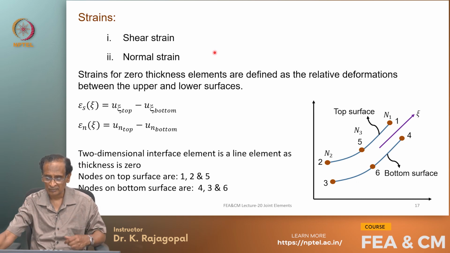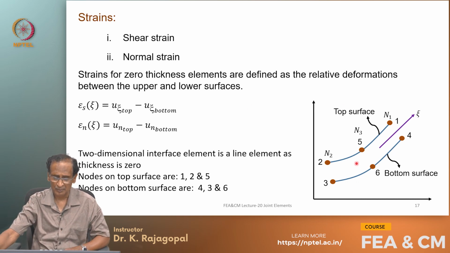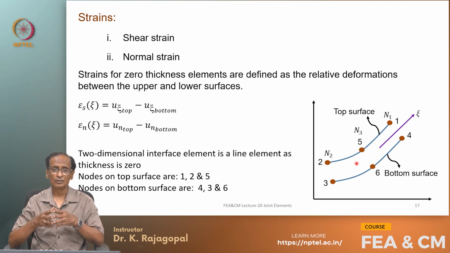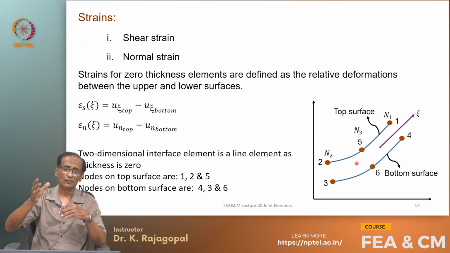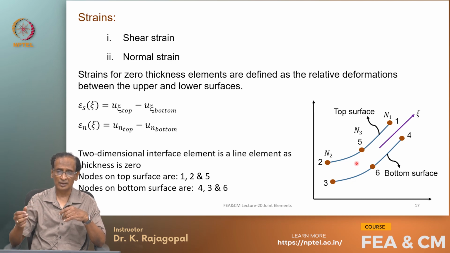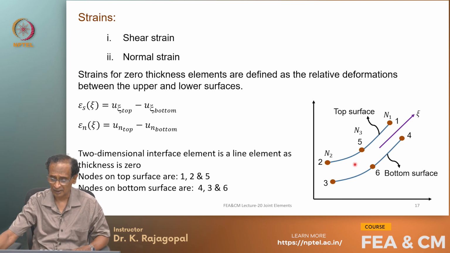But now we have the isoparametric elements that we can use even for a curved surface. Like, let us say you have two cylinders, one rotating against the other internally, even that interface we can simulate by using these isoparametric joint elements.